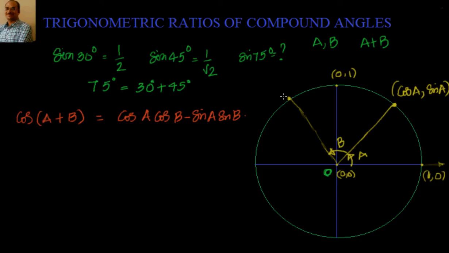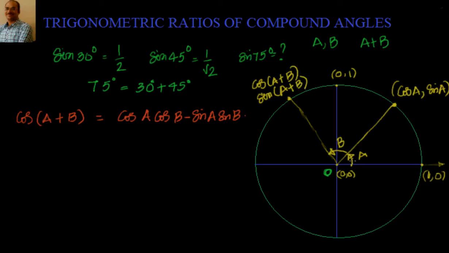A plus B. So this becomes cos of A plus B, sin of A plus B. I hope you are with me. We are only using the fundamentals that we know, nothing much.